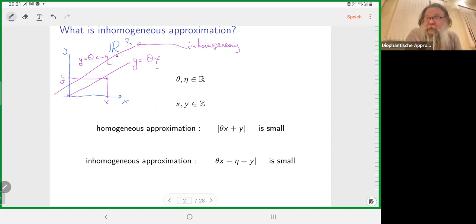This is the simplest one-dimensional setting.